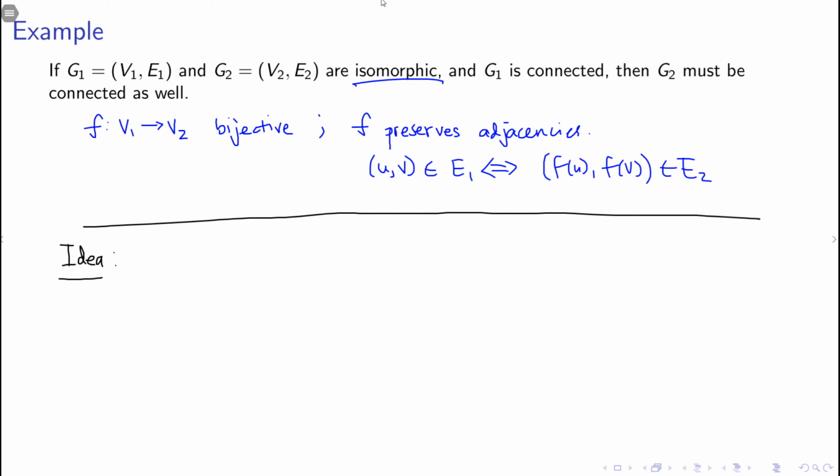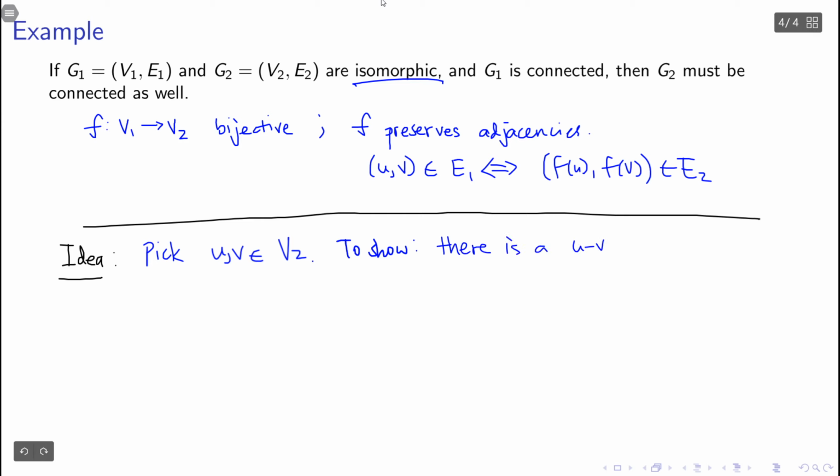So you want to show that if you pick two vertices in G2, then there is a UV path in G2, or a path from U to V. And that's the idea of the proof here.